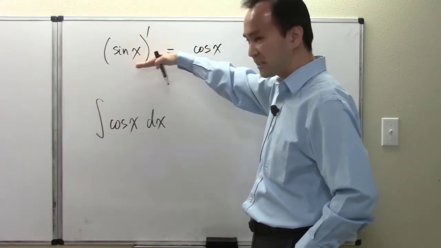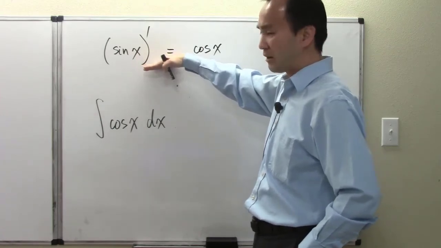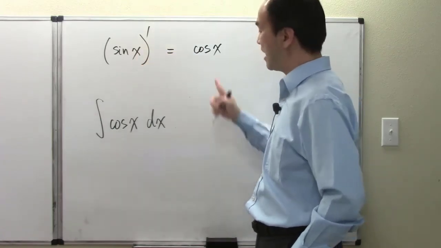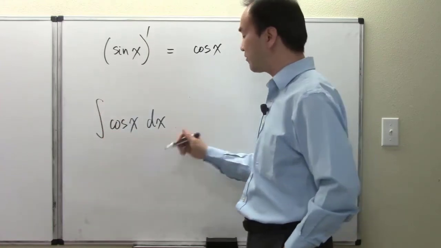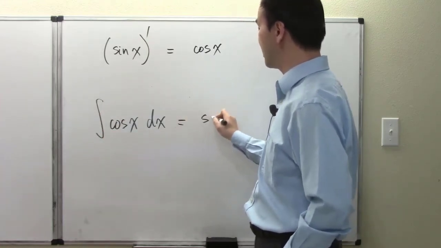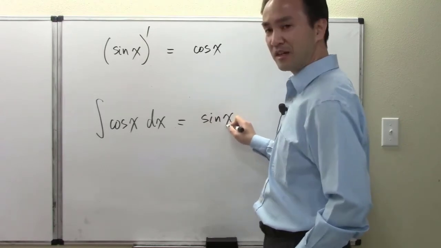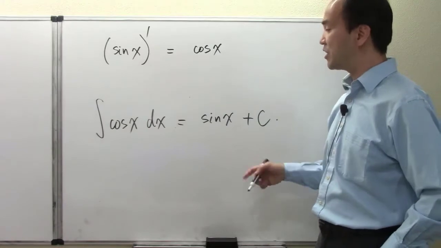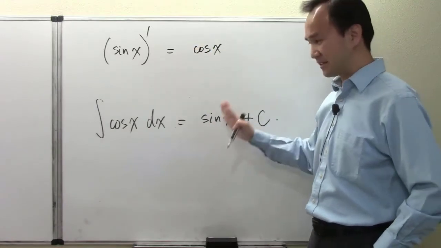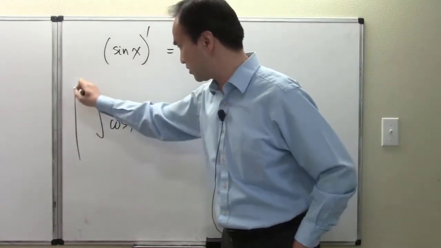Okay, so that relationship comes right here. This comes from our previous learning in differential calculus. And so now, in other words, I can say the antiderivative of cosine of x is going to be simply sine of x. But this time, don't forget, plus c. All right, so now it becomes a rule, admittedly.